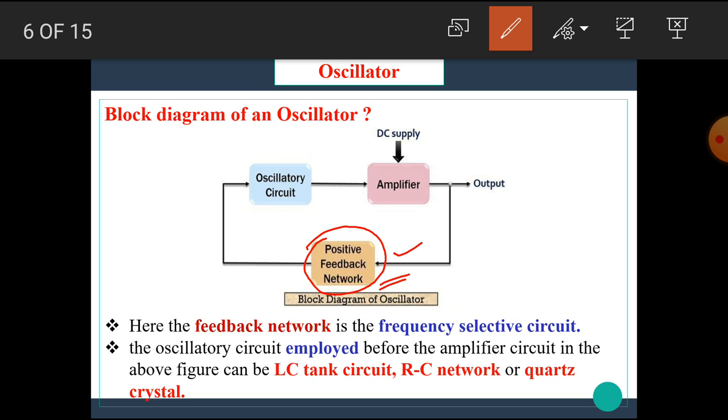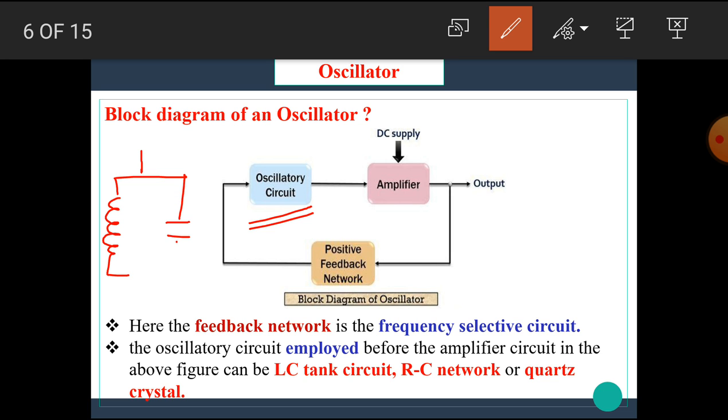The oscillatory circuit employed before the amplifier circuit in the above figure can be an LC tank circuit, an RC network, or a quartz crystal. Here the oscillator circuit may be an LC tank circuit. An LC tank circuit means a simple combination of an inductor and a capacitor like this. That means the inductor and capacitor are connected in parallel to each other.